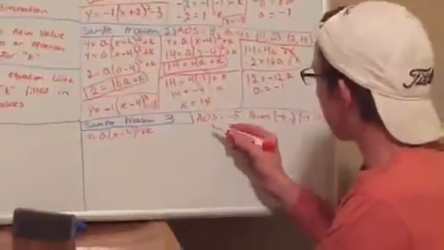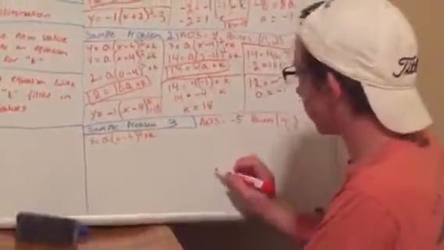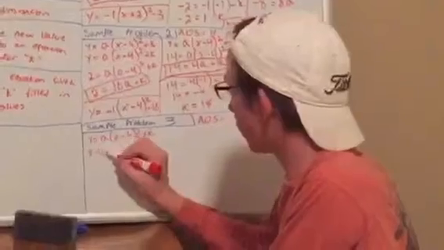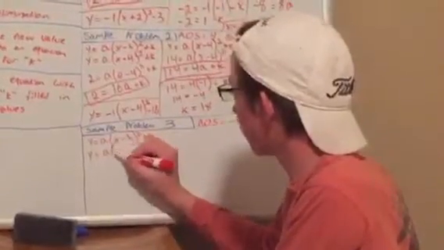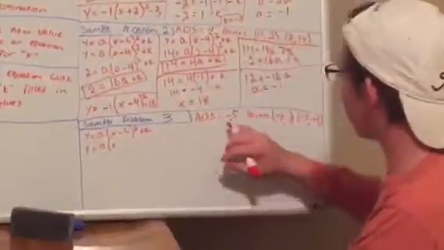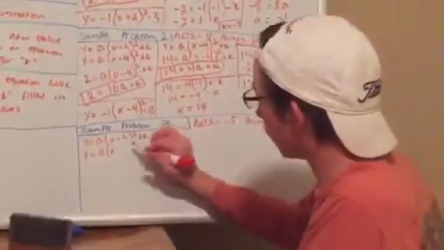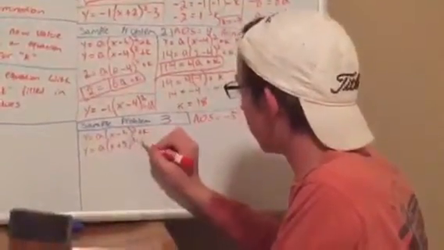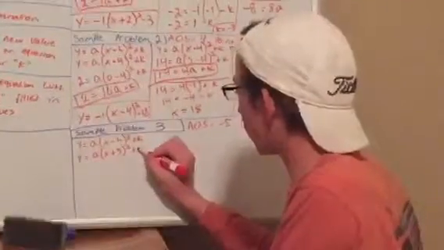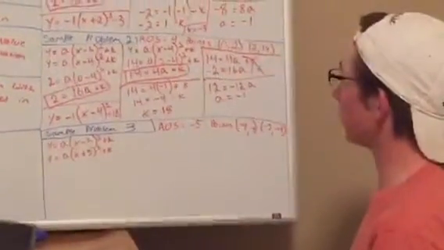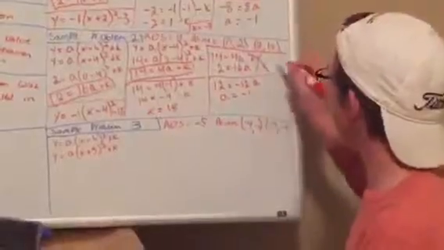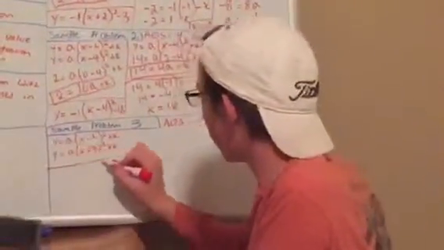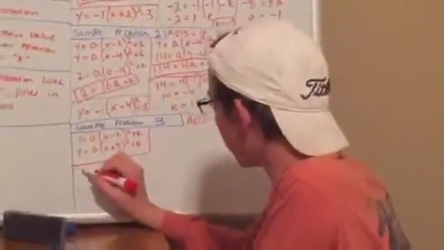Then you have to plug in your axis of symmetry, which is negative 5. So y is equal to a, x, and since it's negative 5, you flip that sign so it becomes positive, and then plus k. Then, once again, plug in your points for your x and your y. So let's go ahead and do that.